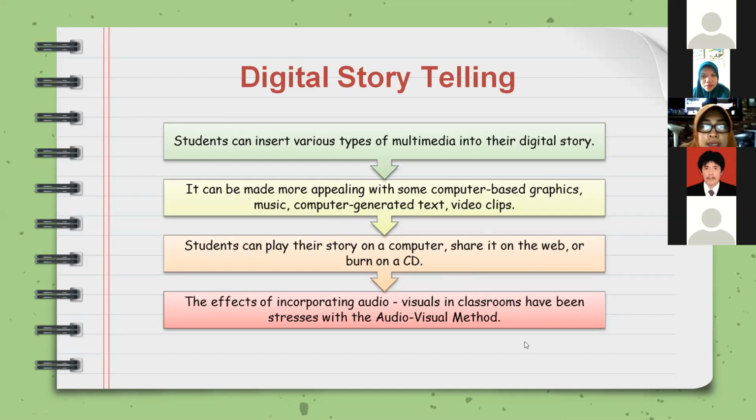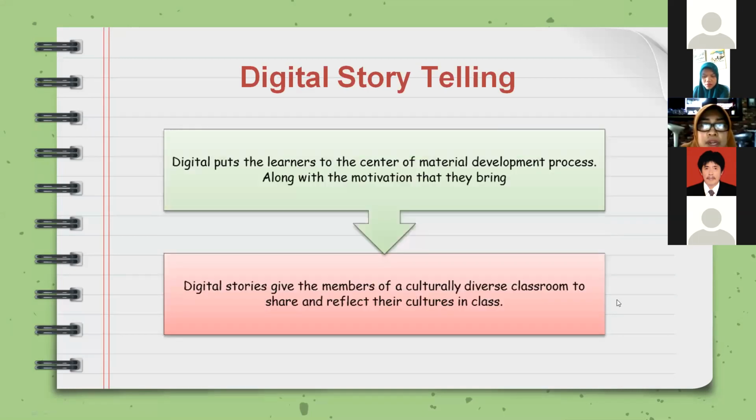This kind of activity, incorporating audio and visuals in the classroom, has been stressed in the audio-visual method, so it is closely related to that kind of teaching method. By using this digital storytelling, we put the students at the center of the material development process, along with the motivation that they bring.